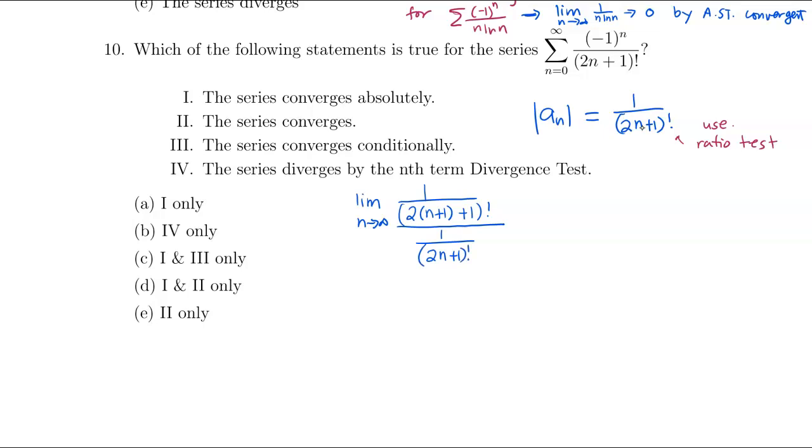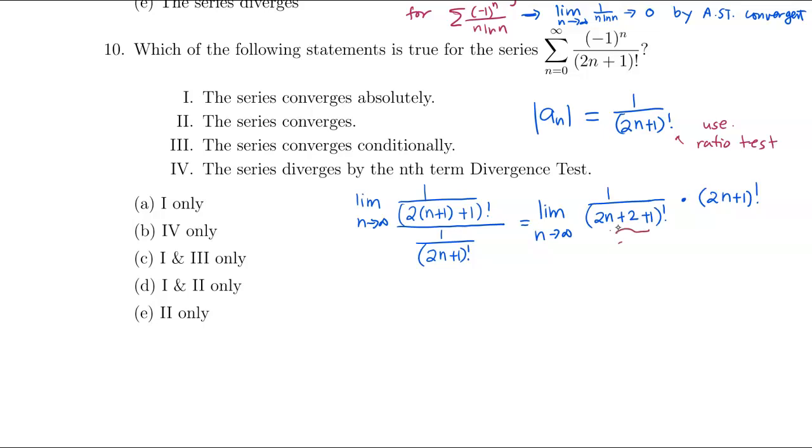Now, this is equal to limit n approaches infinity of 1 over, then you simplify this. That is (2n plus 2 plus 1) factorial, and then times (2n plus 1) factorial. Now, what does this one mean? 2n plus 3.